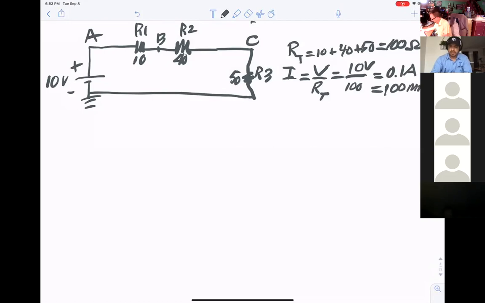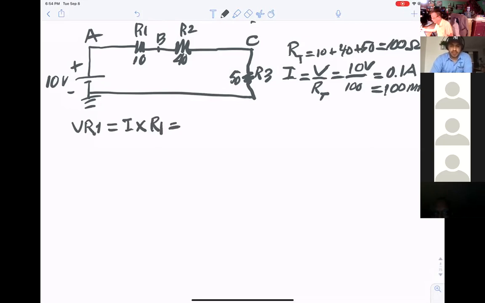Now, if I want to calculate the voltage drop across R1, VR1, you must use Ohm's law. That means I times R. Which R? It has to be R1.